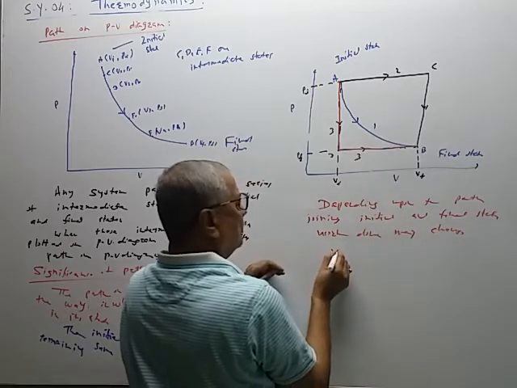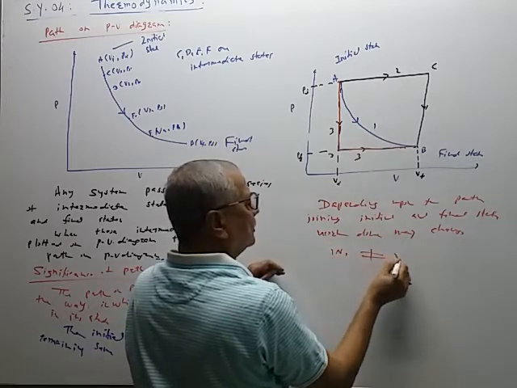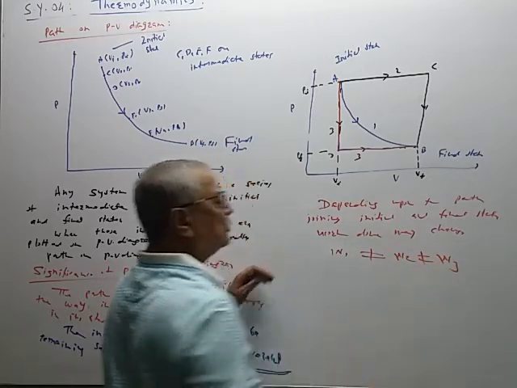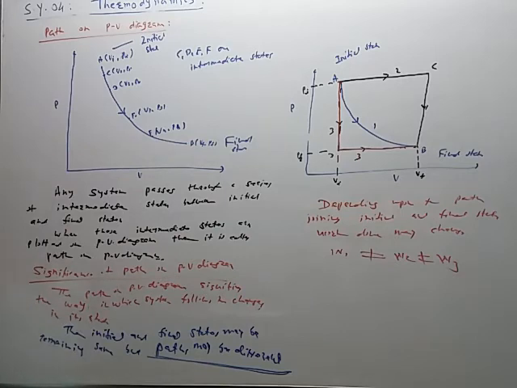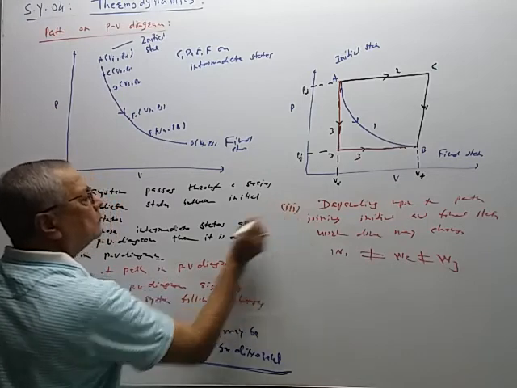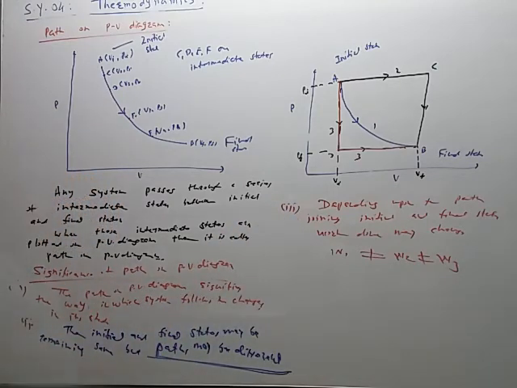So in this case, work done W1 is not equal to work done W2, which is not equal to work done W3. So the significance is like this: point number 1, point number 2, and point number 3. So this is the significance of the path on the PV diagram.